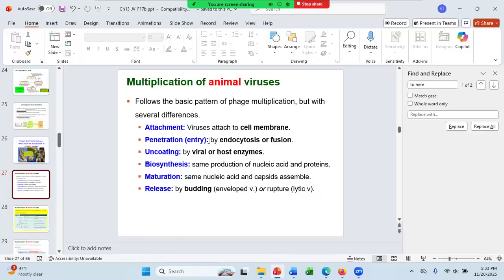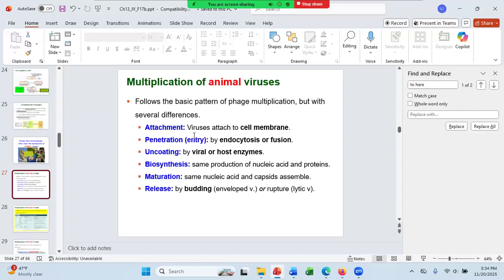You don't need the virus to contract to inject the viral genome into the cell. Penetration, or entry of the virus into the cell, happens by one of two means: endocytosis, or by fusion of a membrane-bound virus to the cell membrane.